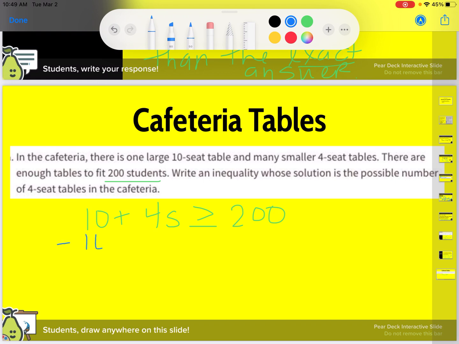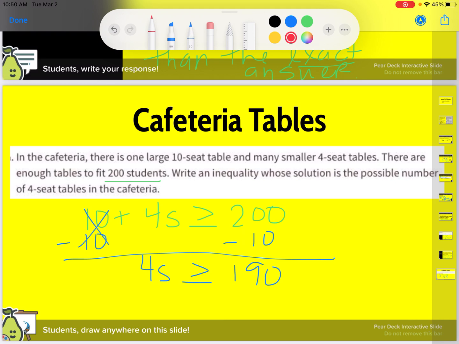All right, so I'm going to subtract 10. And I have 4s is greater than or equal to 190. So then I'm going to divide by 4 on each side. And s is greater than or equal to 47.5.